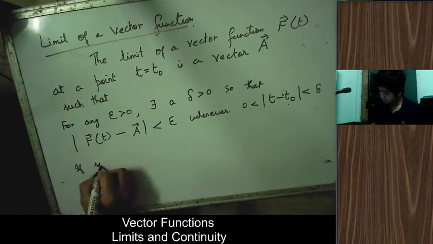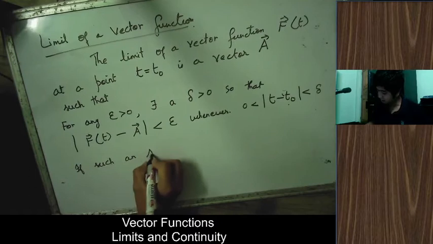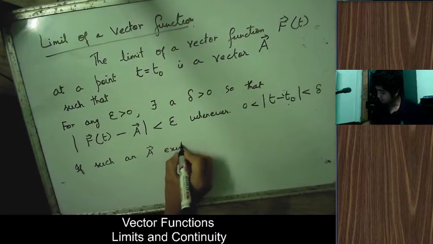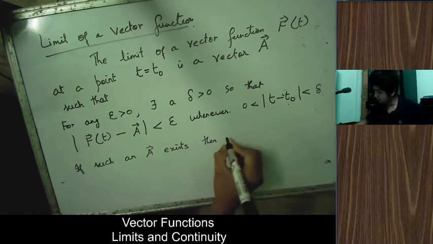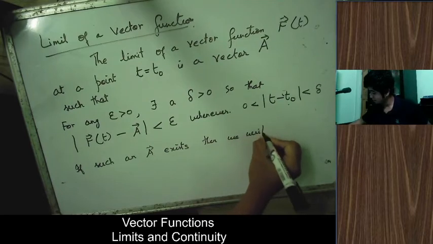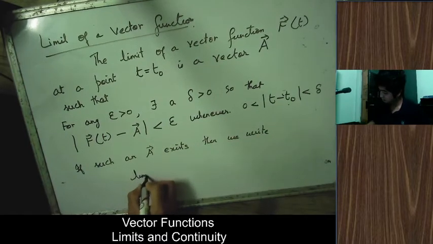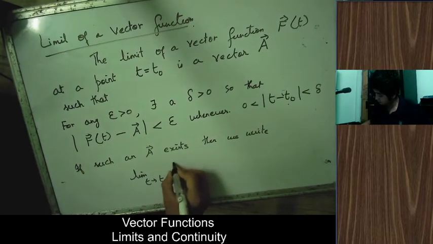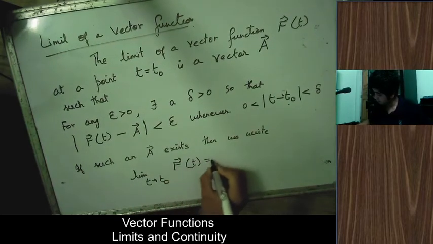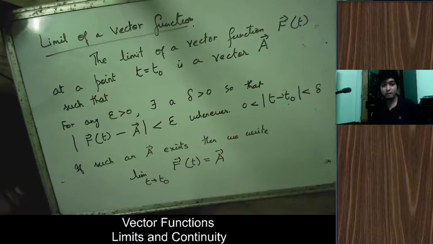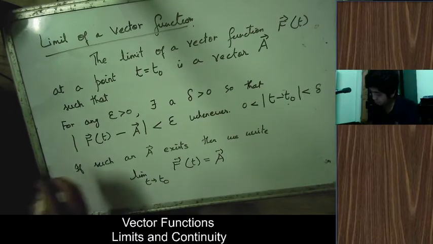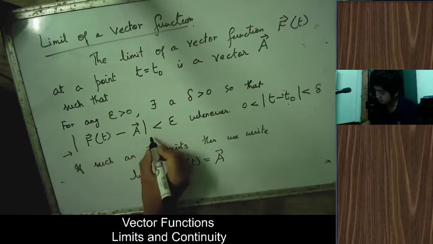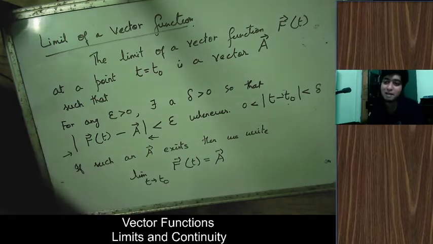If such an A exists, then we write limit t tends to t naught of f(t) equals A. Over here you should be very careful because we are having this symbol. This symbol can be used for the determinant, for magnitude, for modulus.